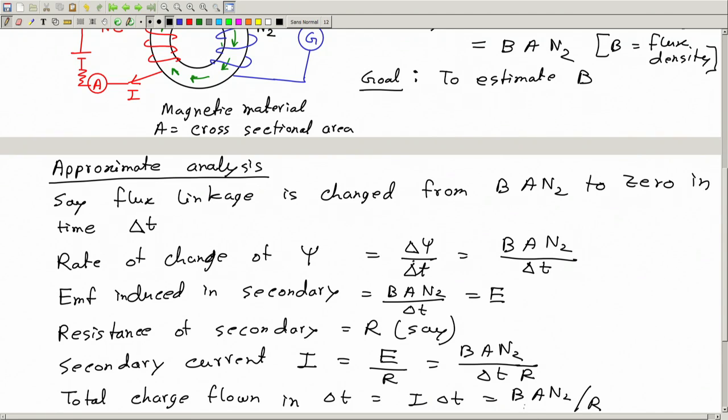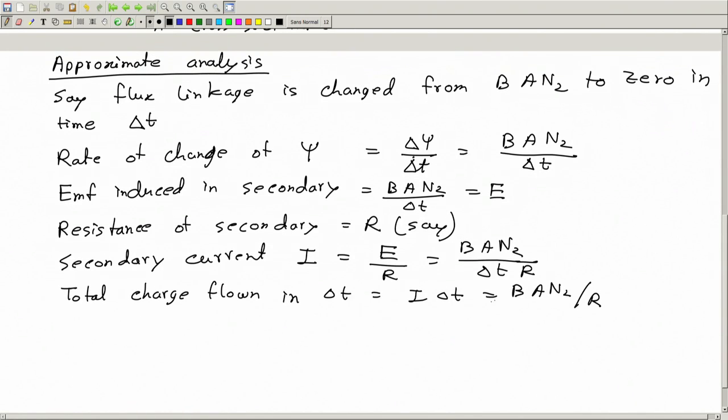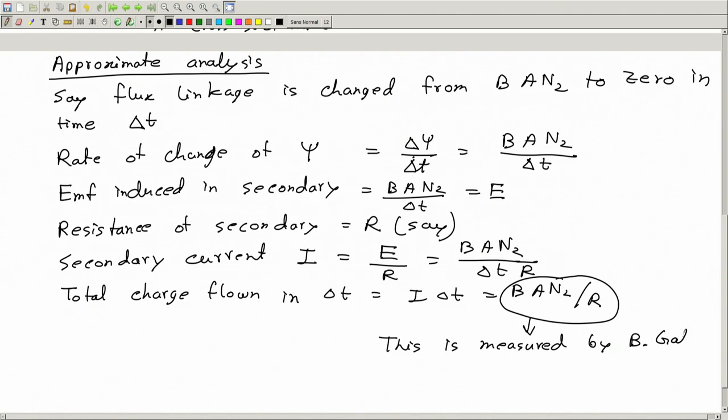Now, this quantity is measured by the ballistic galvanometer. This charge is measured by the ballistic galvanometer. Okay. So, we observe this, so this is known.